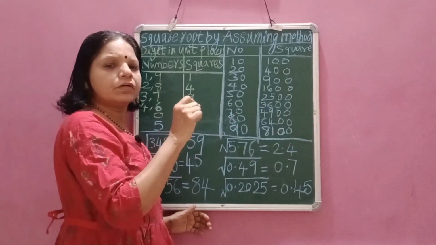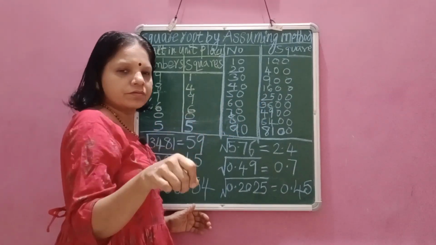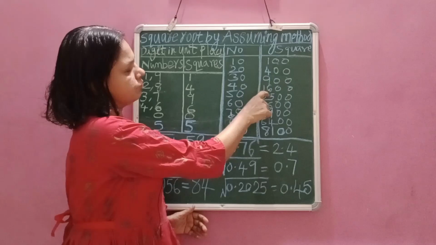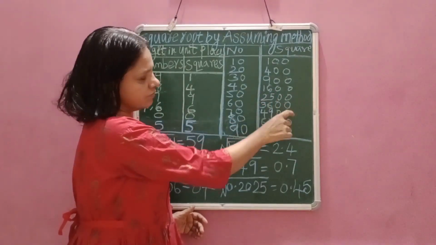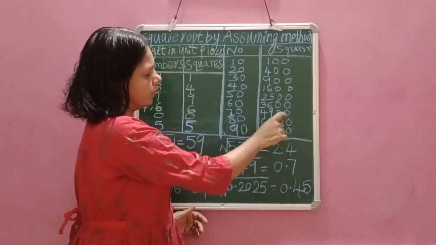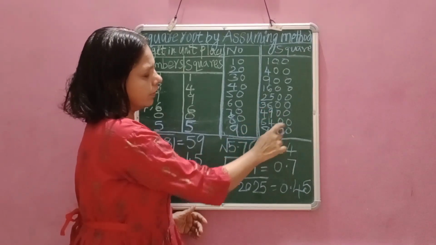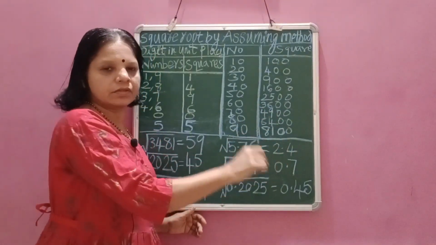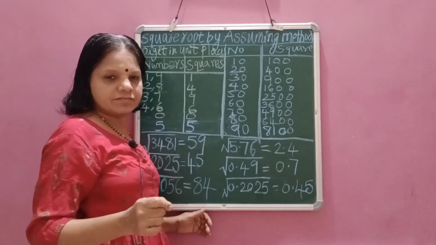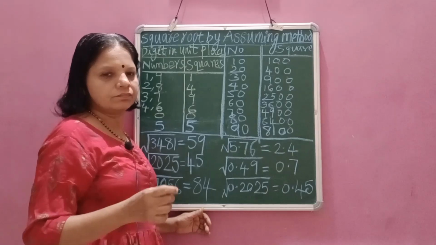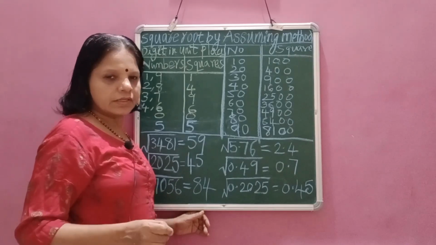Like that you have to put 2 zeros in their squares. So 900, next 1600, 2500, 3600, 4900, 6400, 8100, etc. This also you have to keep in mind: the squares of the tens of the numbers from 1 to 10 at least.